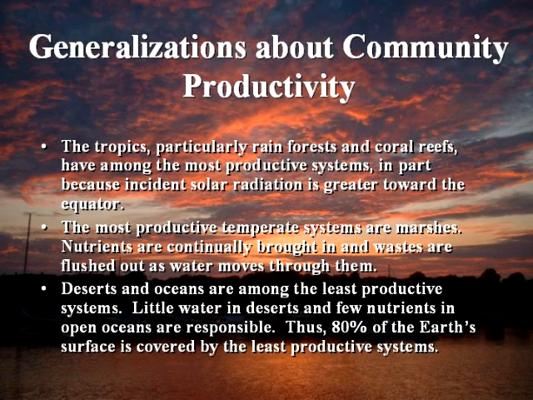These systems benefit from the 12-month growing season. There's never a cold time. They rapidly recycle nutrients during that continual growing season. And they also benefit from the high degree of incident solar radiation they receive, the sun being high overhead all year long.